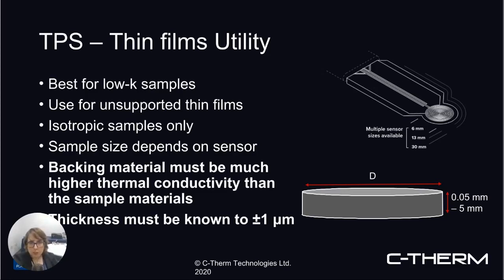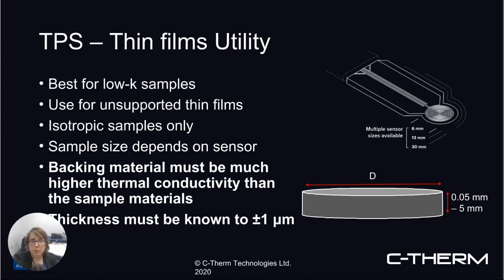When looking at a thin film material, you want the sample to ideally be the same diameter as the sensor, and the thickness can range from about 0.05 millimeters up to about 5 millimeters.